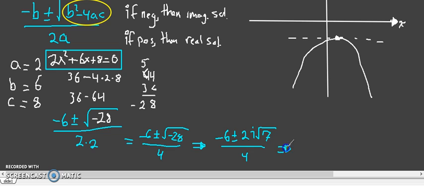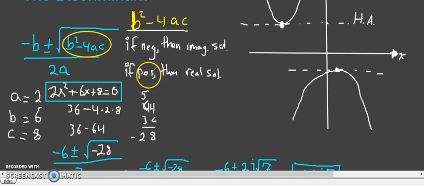We could get negative 3 plus or minus i square root of 7 divided by 2. And that would be our answer for what the solutions are. However, when you graph it on the axis, this graph right here isn't going to have a real solution. And we can check that real quick.